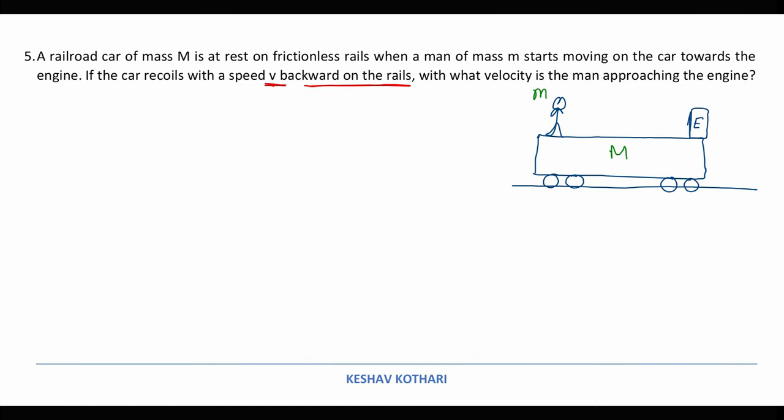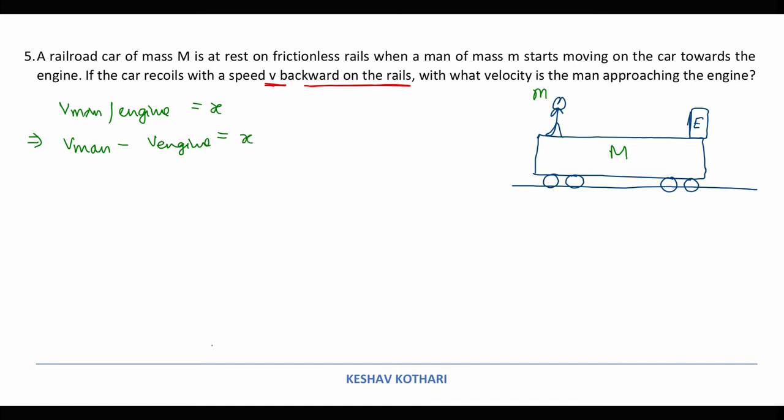So we begin like this, that velocity of man with respect to the railroad car and hence the engine can be written as x. Velocity of engine is equal to the velocity of the railroad car. So we can write it as velocity of man minus velocity of engine, and this is given to us as x.